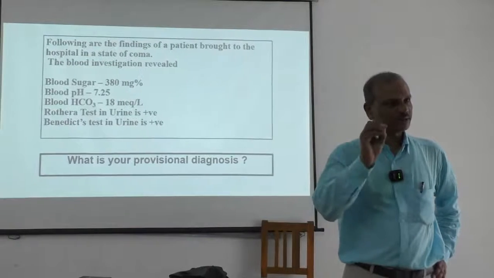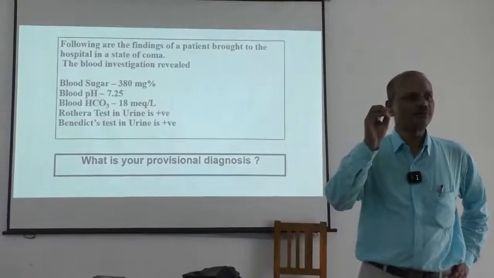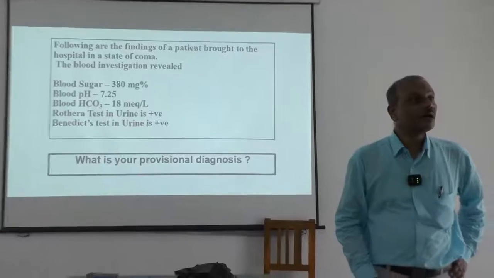Blood glucose level will be less than normal level. And what other abnormality will be there? What will be other abnormality in this report? In starvation ketoacidosis also ketoacidosis occurs, but one parameter will change. Benedict test will be negative.